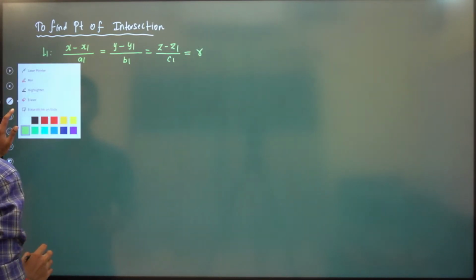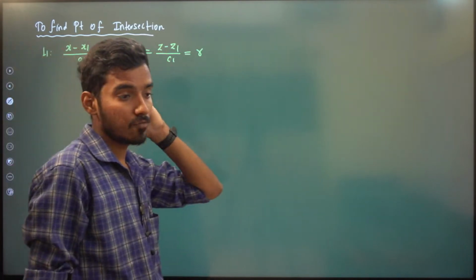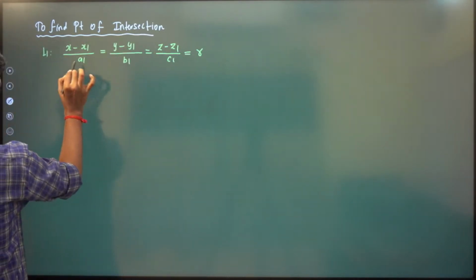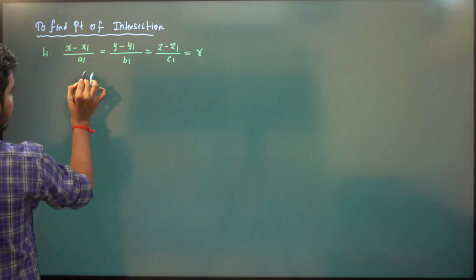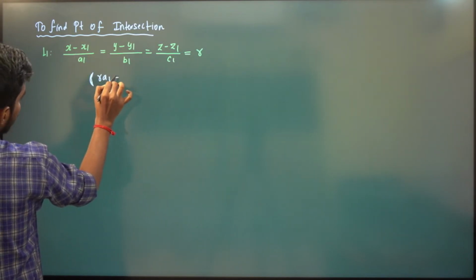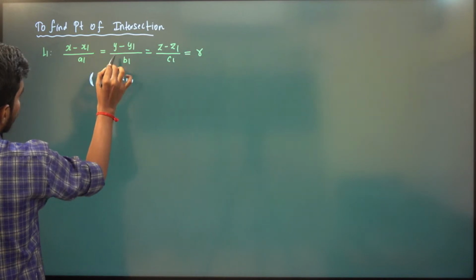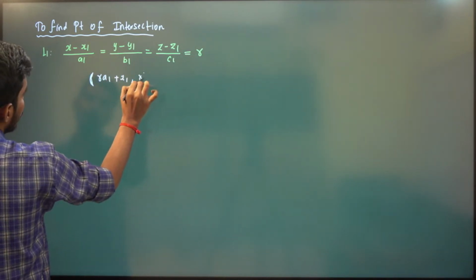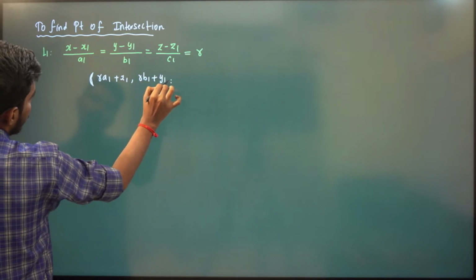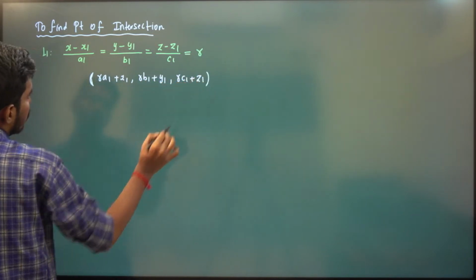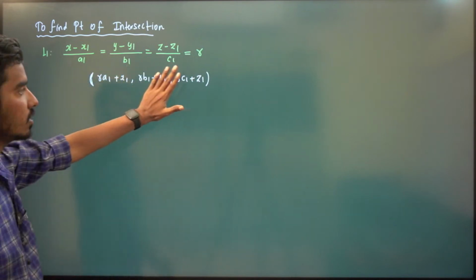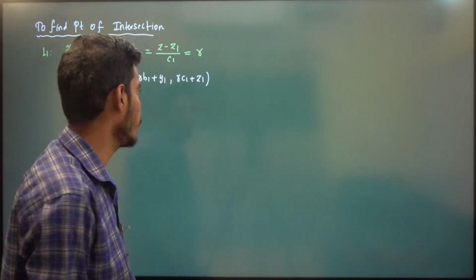So any point on this line will be of the form: x is RA1 plus x1, y is RB1 plus y1, z is RC1 plus z1. So any point on the line L1 will be of this form.